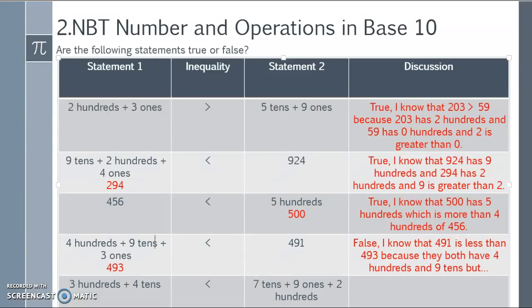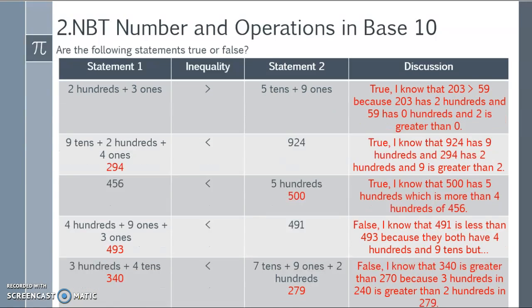3 hundreds plus 4 tens, is that less than 7 tens plus 9 ones plus 200? Again, on this second statement, we need to rearrange it so that we have the hundreds, the tens, and the ones. So 340, is that less than 279?